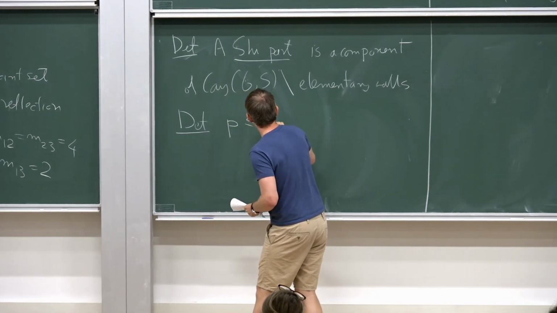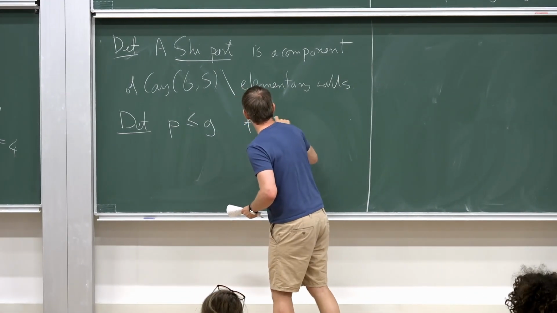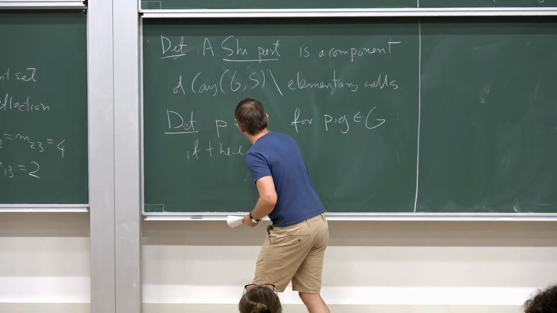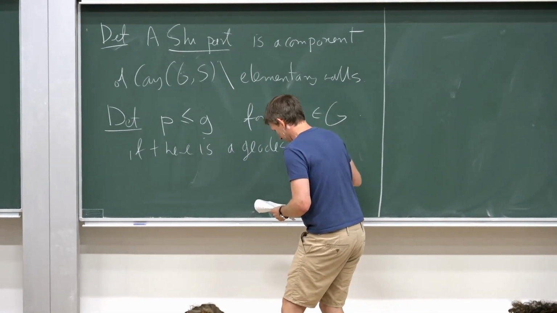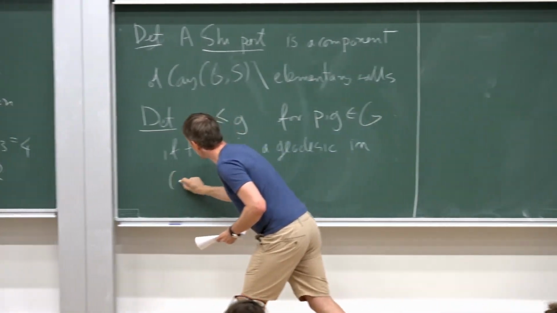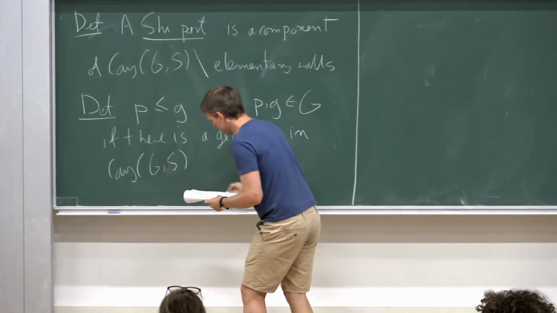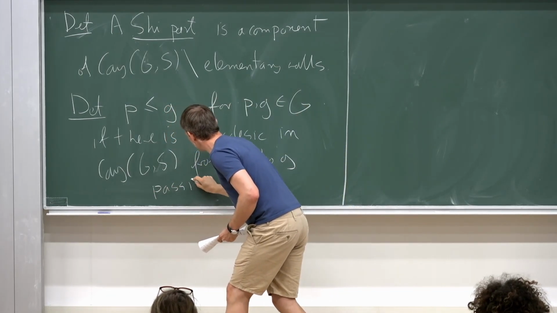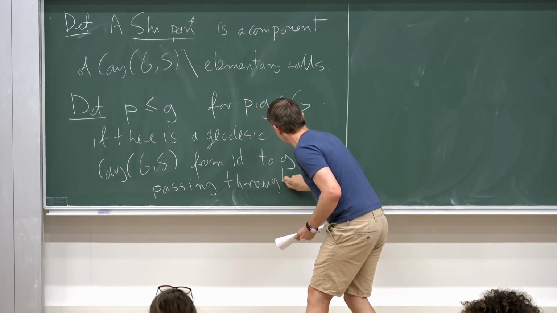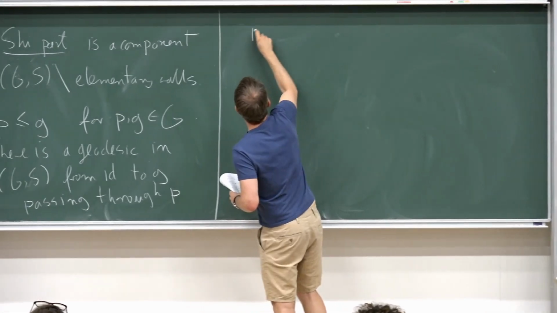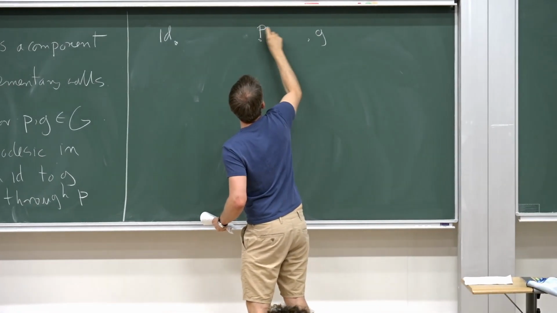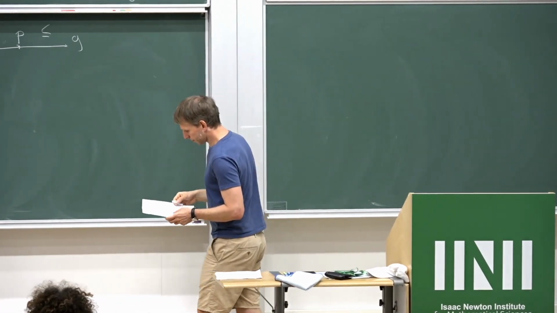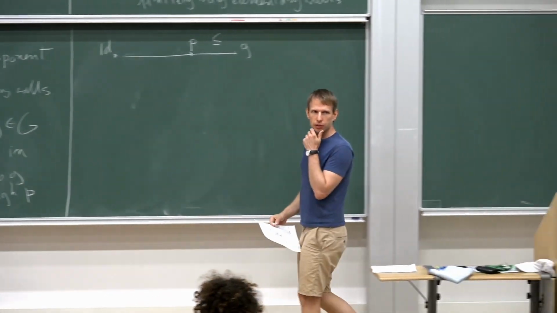So we say that one element, P, is smaller or equal than another element, G, for P and G in the Coxeter group, if there is a geodesic in the Cayley graph of this group from the identity to G passing through P. So we have identity, G, and we say that P is smaller than G if there is a geodesic in the Cayley graph connecting identity to G through P. Any questions about the definition?